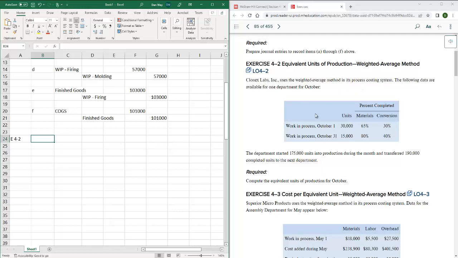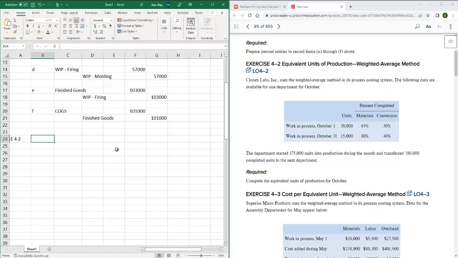The following data is available for some department in October, so we know beginning and ending work in process, as well as the percent completed with respect to materials and conversion. We also know the department started 175,000 units into production during this month and transferred 190,000 completed units to the next department. We want to come up with the equivalent units of production for October.